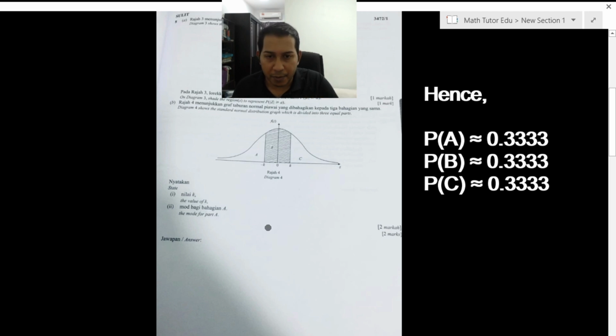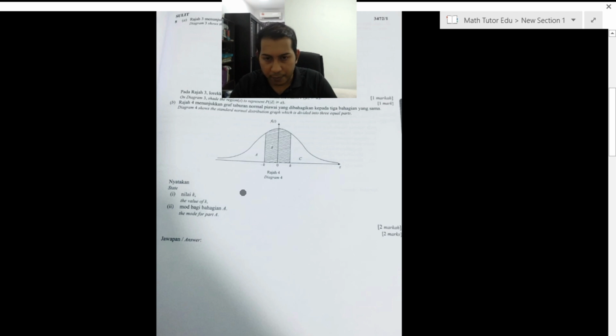From here we're going to continue our working. Since probability A equals probability B equals probability C, we're going to pick either one of the regions to continue. To ease the calculation, we're going to pick region C over here.